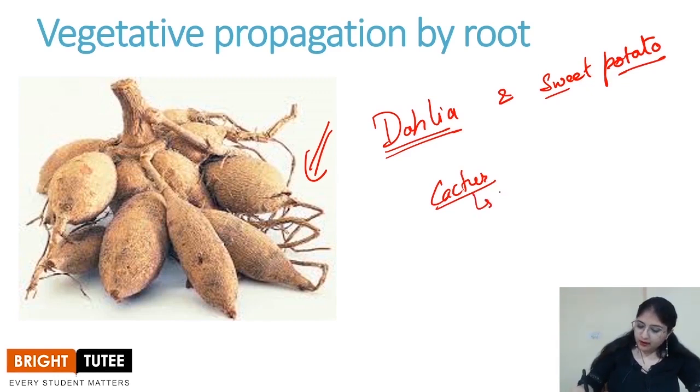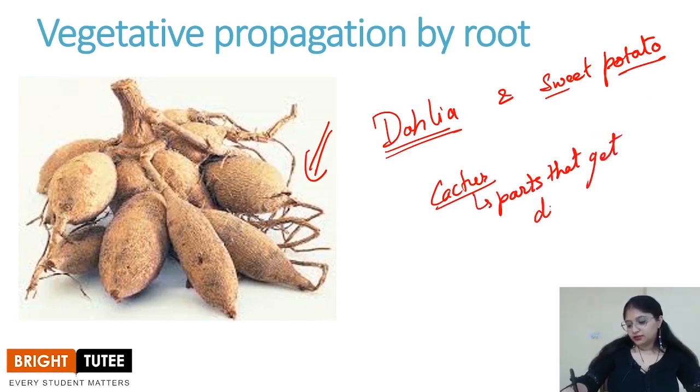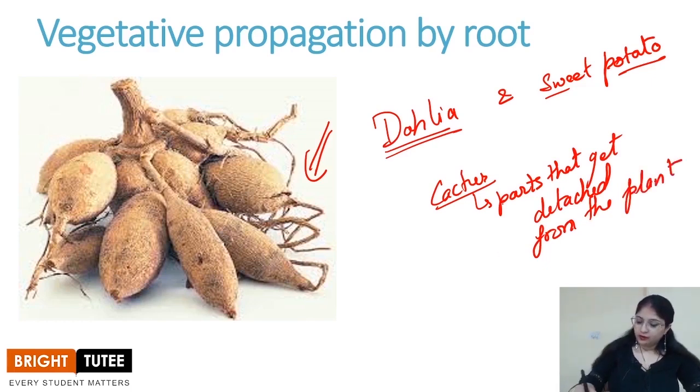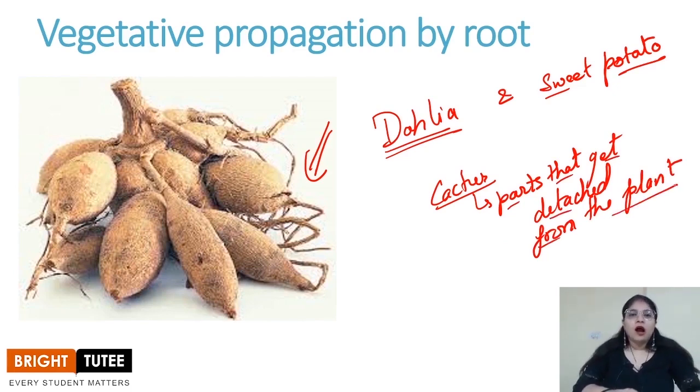So different parts that get detached from the plant will start growing a new plant, right? So this also happens in cactus. So in this way we saw how vegetative propagation takes place. This is one of the important modes of asexual reproduction.